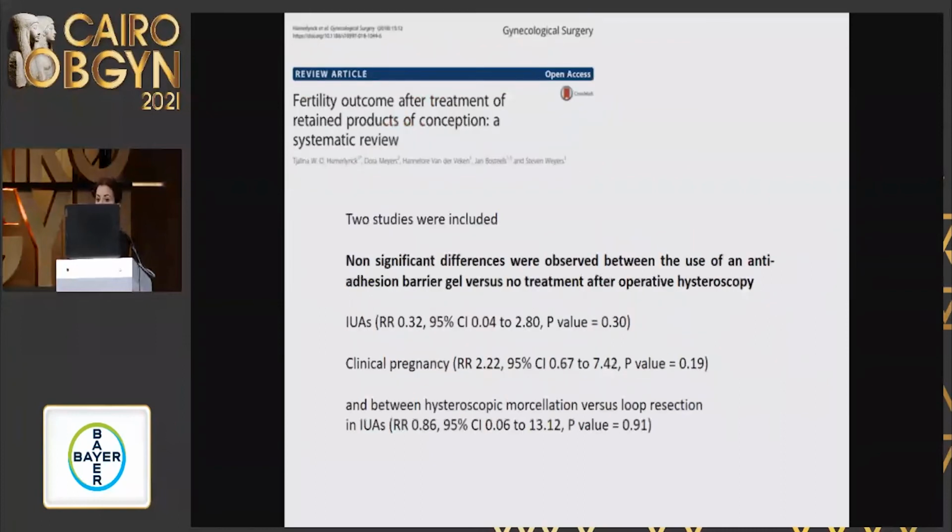In this study regarding the use of anti-adhesion barrier gel, the review concluded that there is no significant difference observed with the use or not after hysteroscopy or morcellation treatment.